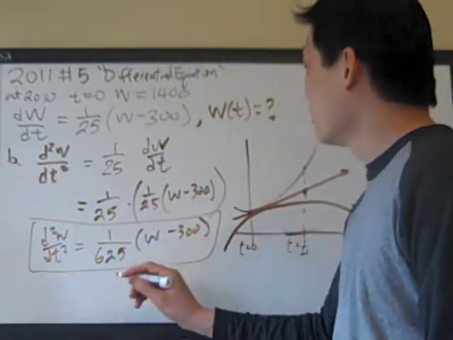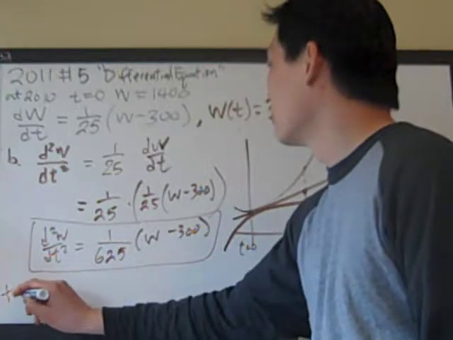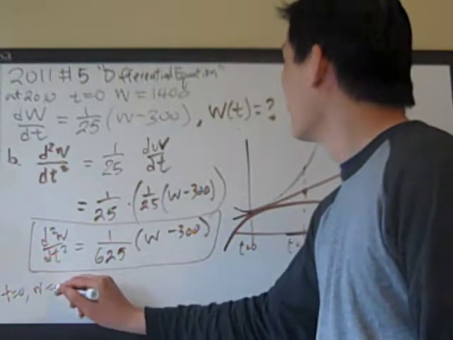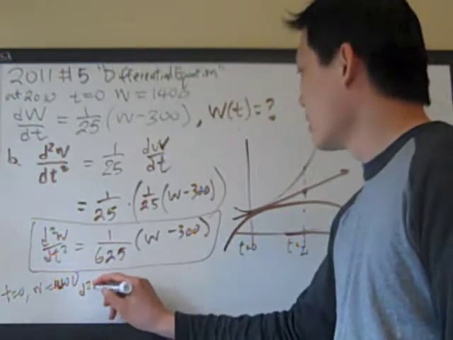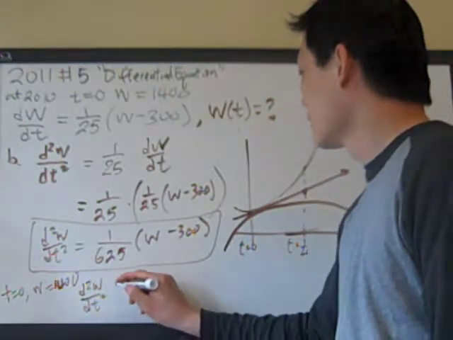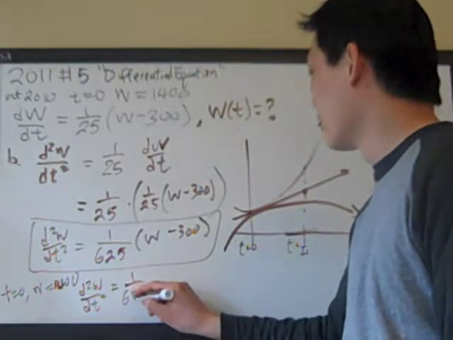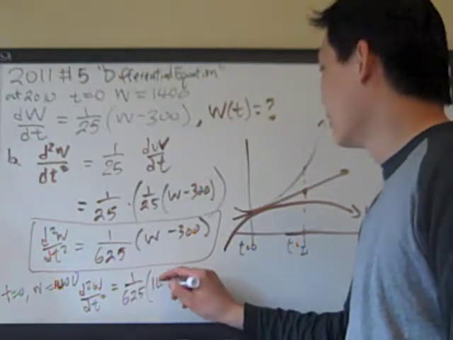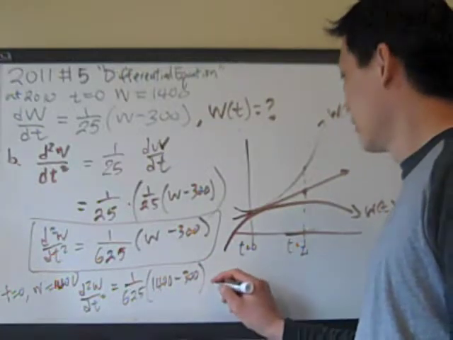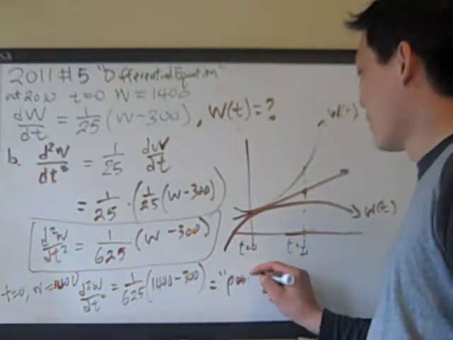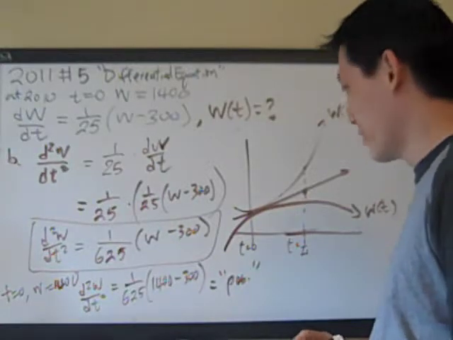Over here, we know that at t equal to 0, w is equal to 1400. Now let's see what the second derivative is going to be: 1/625 times (1400 minus 300). Well, this is certainly going to be a positive second derivative.